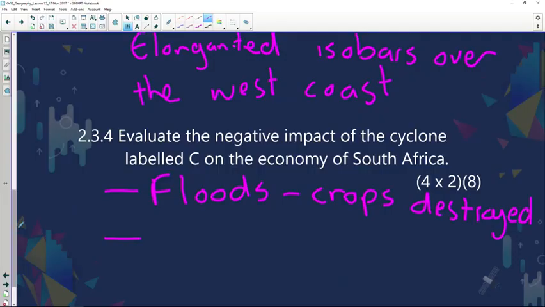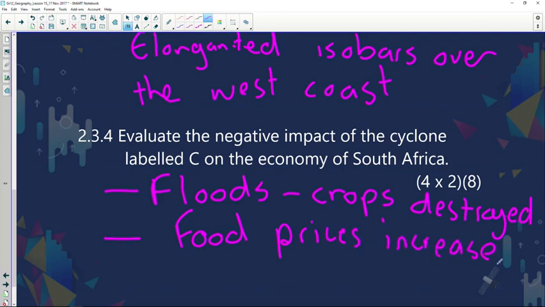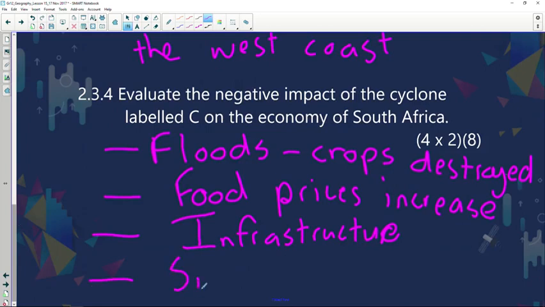Another negative consequence is that food prices can increase because of all of these floods. It can damage infrastructure. And the snow can kill livestock.